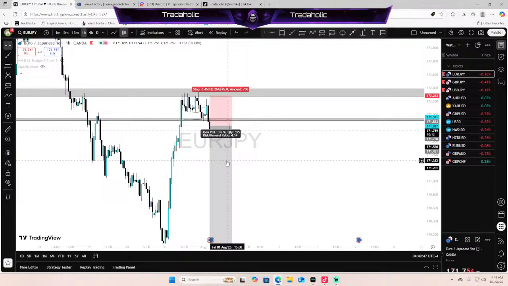Now, because I still have $500 floating, that stop loss would not be $1,000 risk anymore. It would now be $500 risk because I already previously secured $500. So hypothetically speaking, if price was to reverse after hitting my first target and completely reverse and hit stop loss, it will say minus 500.